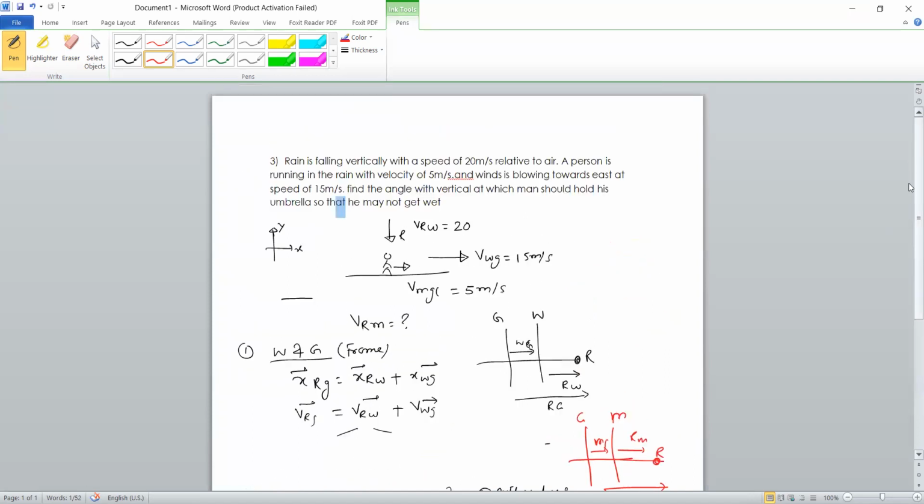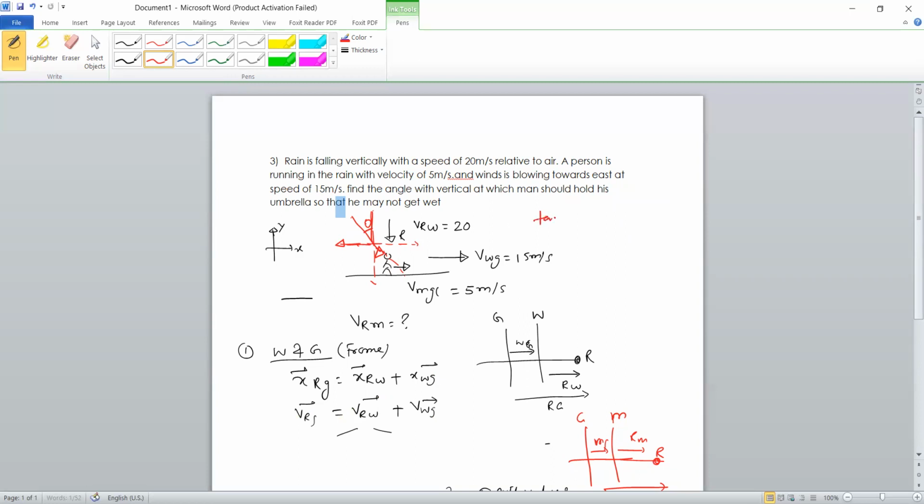Let's go above. So what have we found? We have found that rain appears to fall in this direction. This is the rain's y direction and this is the x direction. So this is the angle, and you have to find it using y by x. So this is the negative angle, so actually rain is falling in this direction.